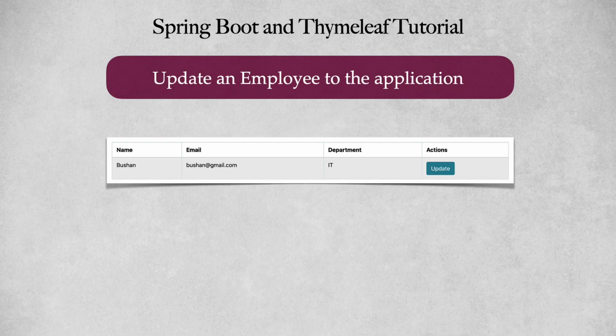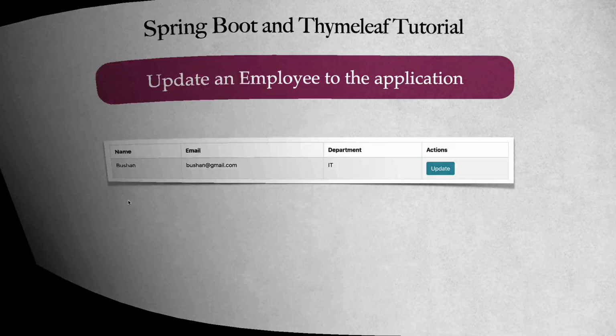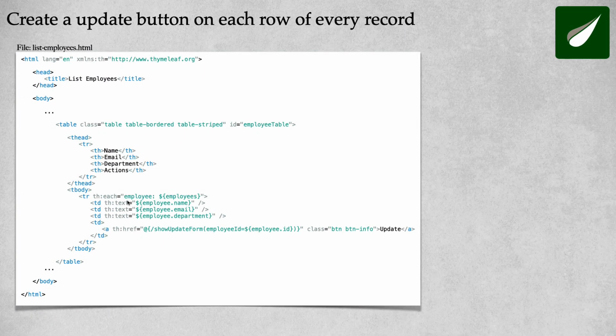Alright, let's discuss the next feature, updating an employee in the application. The first step is to create an update button on each and every row of the record. We will create a new column, actions, and we are going to make use of the anchor element. We will make use of the Thymeleaf href attribute to add the URI.